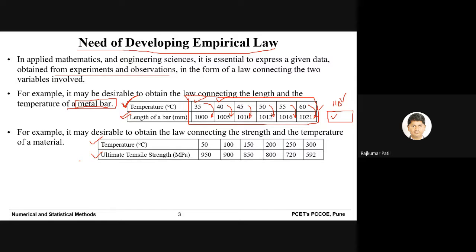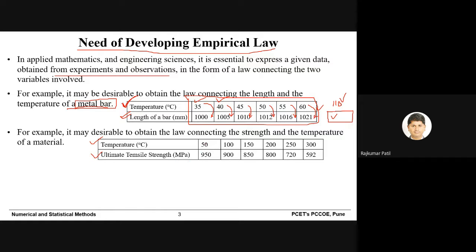So in the case of the Titanic ship, one of the reasons for failure was the decrease in strength of the material due to low temperature. Even though the ship material was ductile, due to decreased temperature it was behaving like a brittle material. So that was one of the reasons.